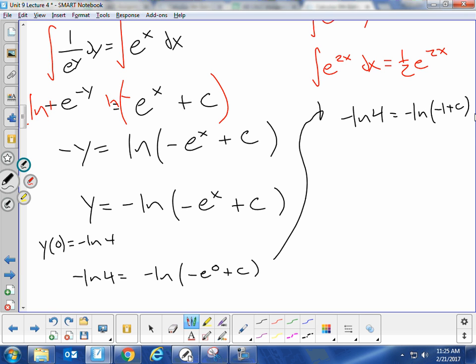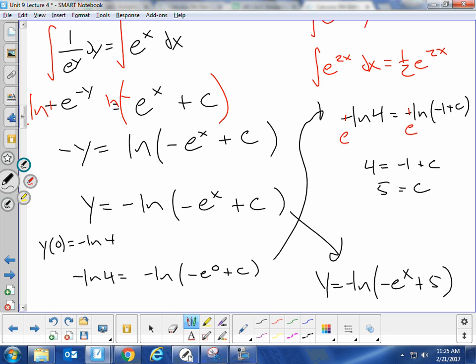Okay? If you don't see that c is 5 right away, you take the opposite of both sides, take e to the power of both sides, take 4 equals negative 1 plus c. c is 5. But not necessary. Giving me my solution, y equals negative log of negative e to the x plus 5.